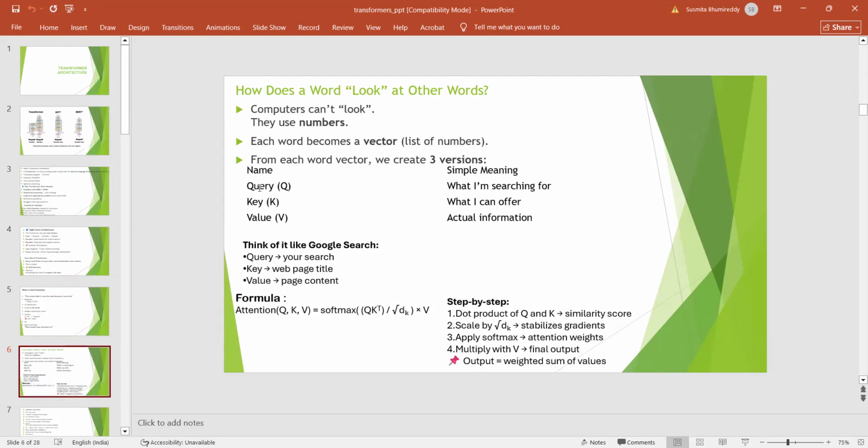Query means, as we all know, a question, like what I'm searching for. Key means what it is offering, what matching values it has, what relevant words are there. And value means the actual information we have.